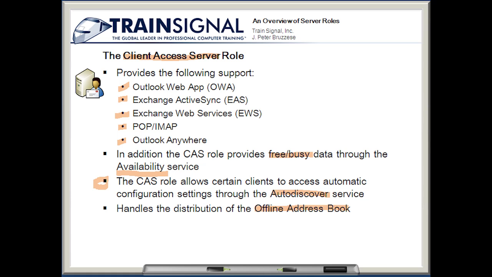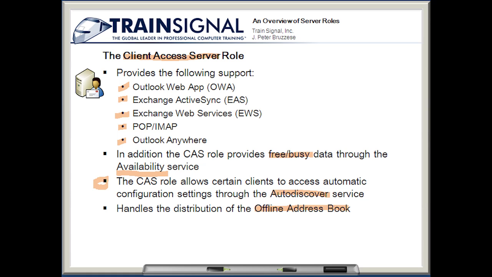Okay, so now that you have a good understanding of all of the different things that the Client Access Server role really provides and how essential it really is. In fact, it is a server that you have to install in order for your Exchange to work at all. You need to at least have the three primary servers, which is the Mailbox Server, the Client Access Server, and the Hub Transport Server.